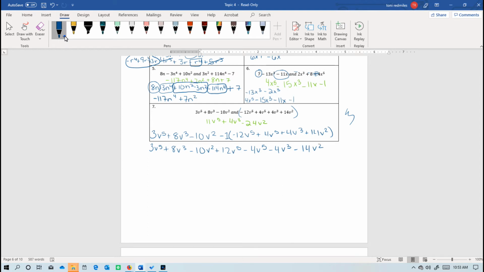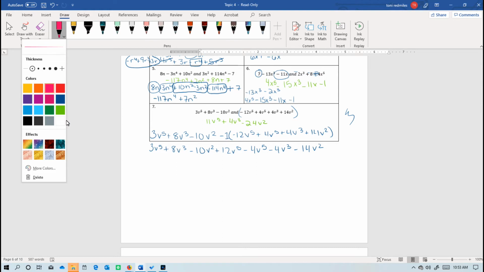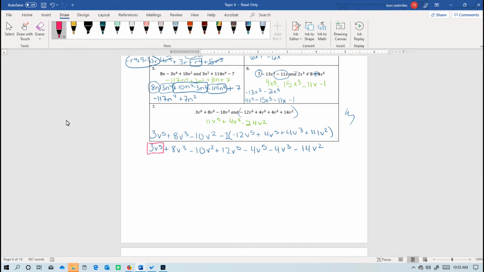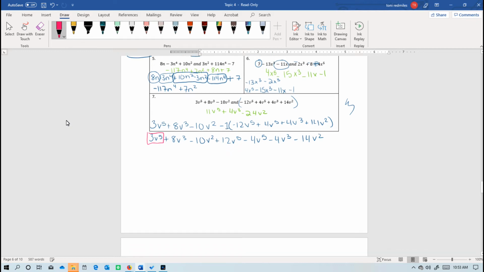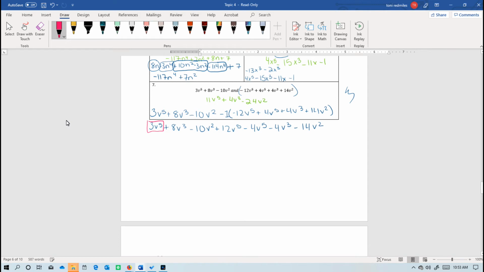Now let's get these like terms together, okay? So first I want to get all these fifths. All right, well, I want these two as well.